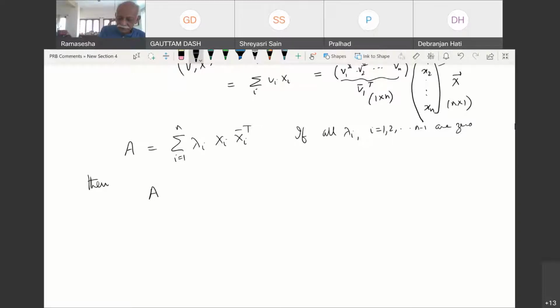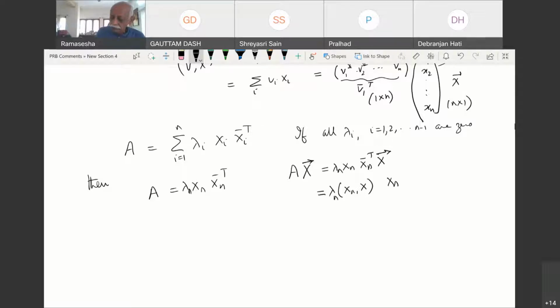So when you operate upon any vector x, A x equals lambda_n times ⟨x_n, x⟩ times x_n.